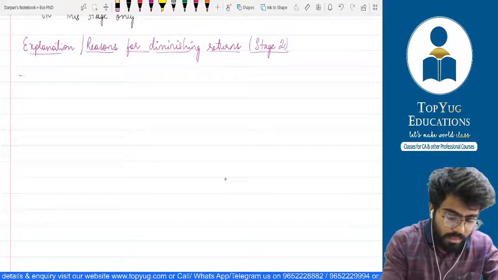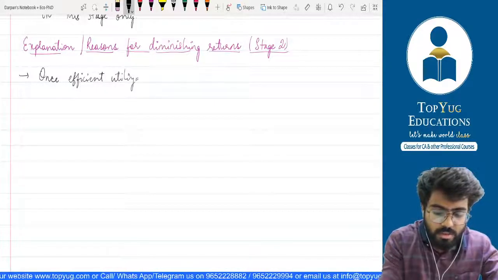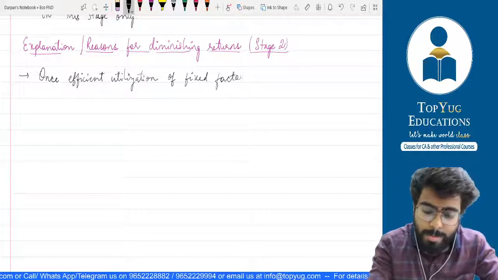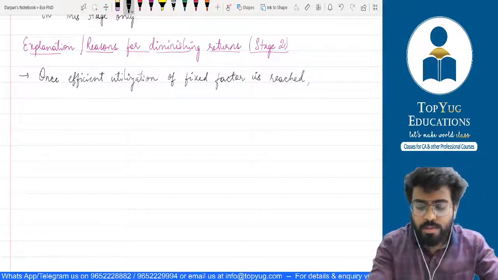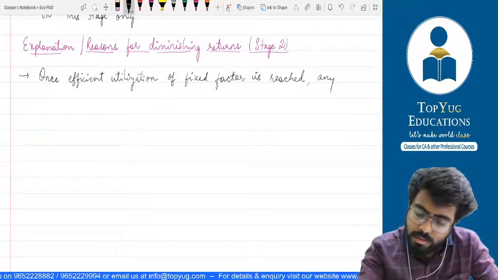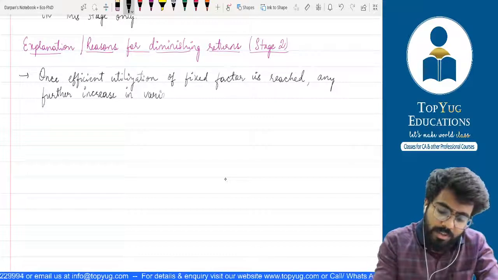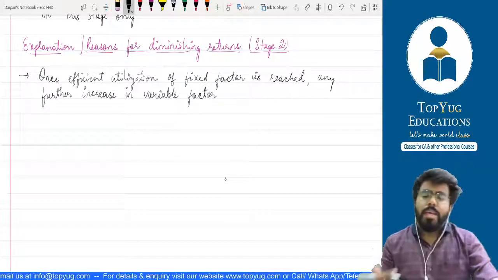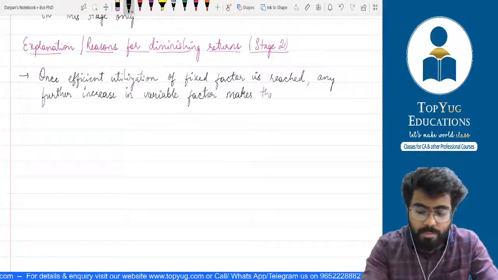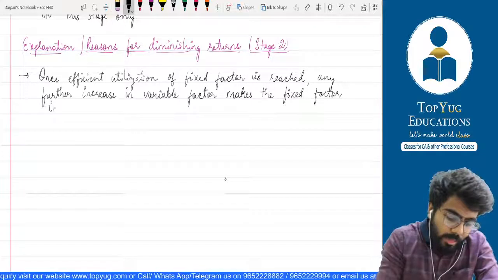So write down the reason. Once efficient utilization of the fixed factor is reached, any further increase in the variable factor makes the fixed factor inadequate.